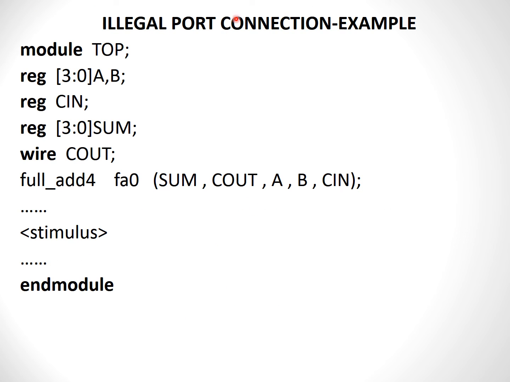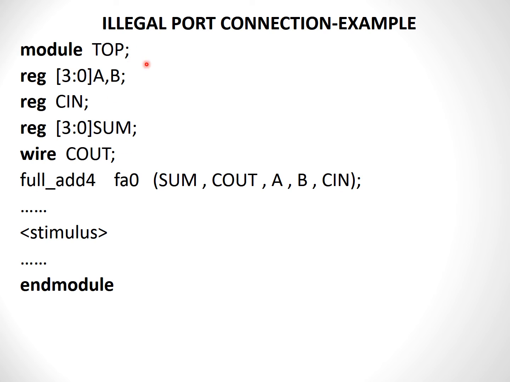And one illegal port connection example. If we look at this particular module top, this is a stimulus block. We have declared register variables, register, wire, and we are instantiating. What is illegal in this? How do we know this is a stimulus block?